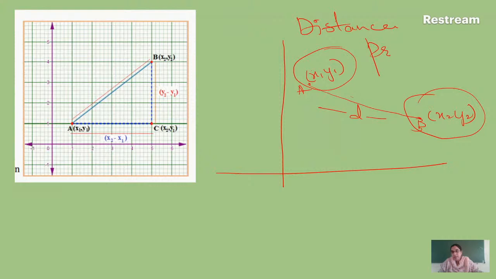That is our distance formula that we are going to use.